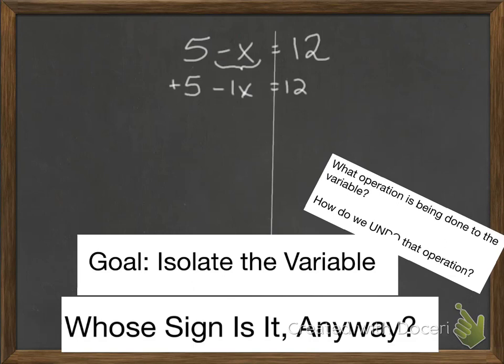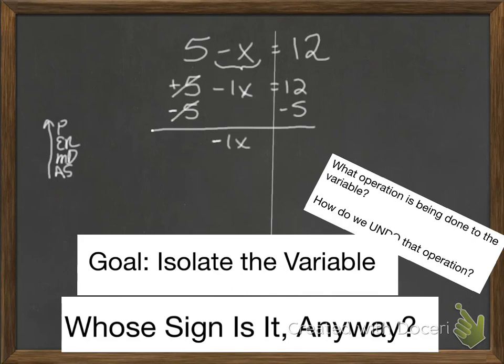So let's begin. The first thing we do, remember, we always work in reverse order of operations. So if we think about, please excuse my dear Aunt Sally, right, we start with addition and subtraction on the side where the variable is and work our way up. So we undo the positive 5 by subtracting 5 from both sides. So now the 5's cancel out. Notice my x is still negative. It's not positive yet.